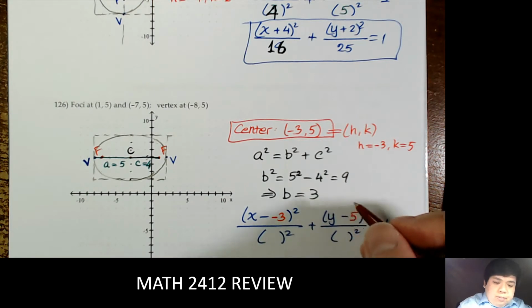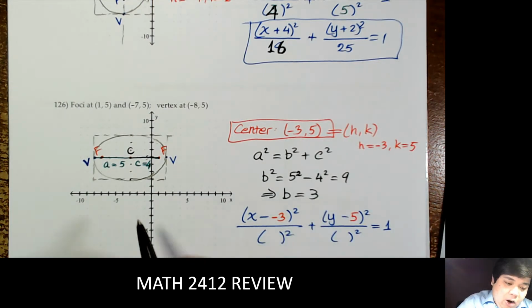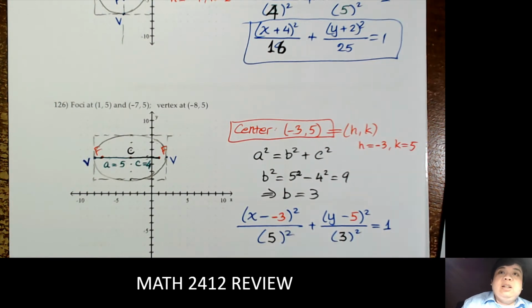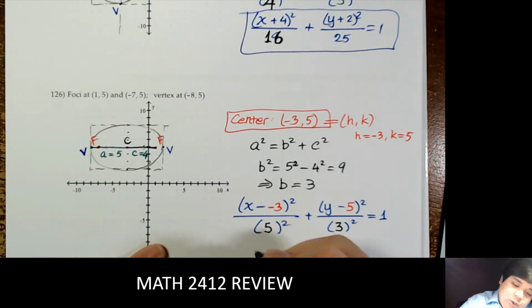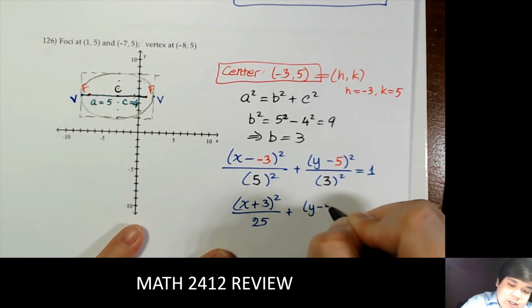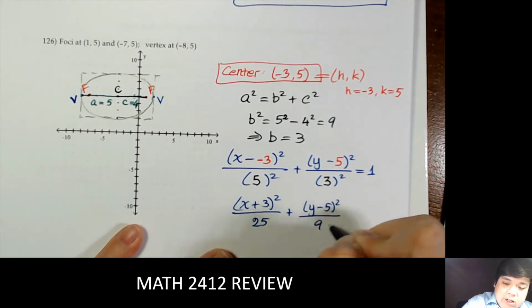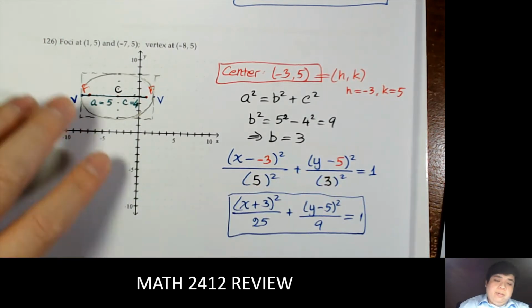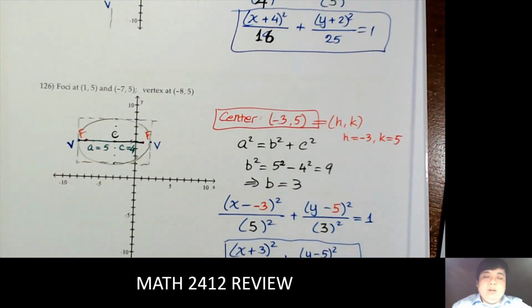On the graph we go left and right 5 units, so we put 5 below the x, and up and down 3 units, that goes below the y. So we should have (x plus 3) squared over 25 plus (y minus 5) squared over 9 equal to 1.